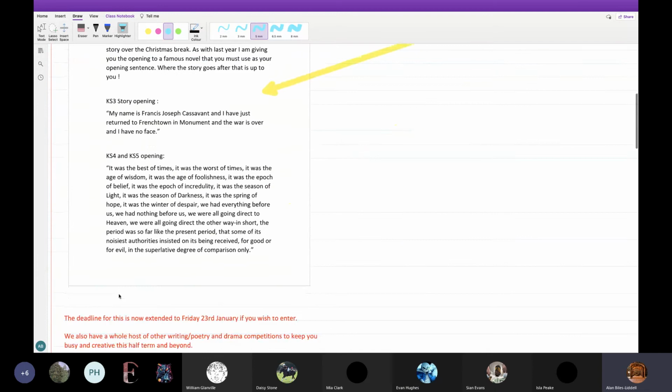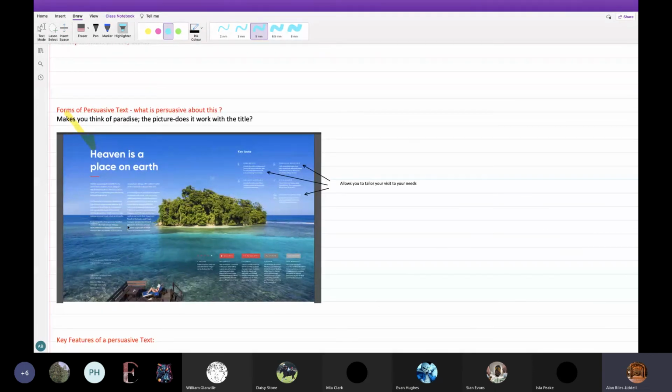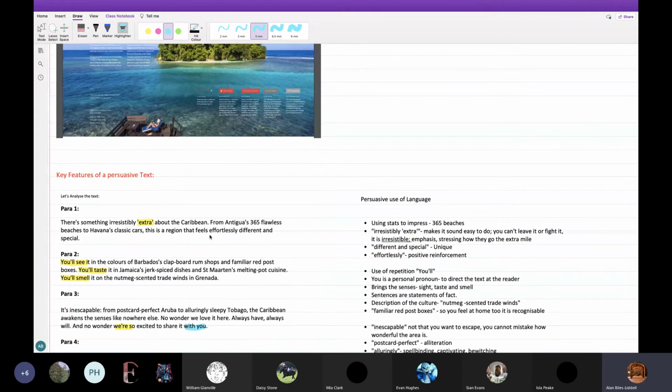Just as we've done here. We recognise that the image was used yesterday and how that works. We've now seen, by going through the text, how that ties into that image, and how the text and the image work hand in hand. Because it's about this special and unique place, you're looking at it as you read it. You're living in the moment.